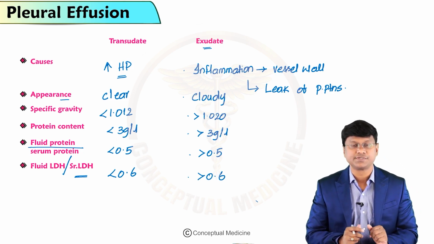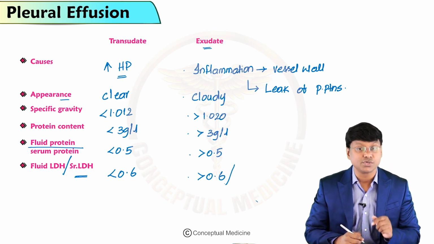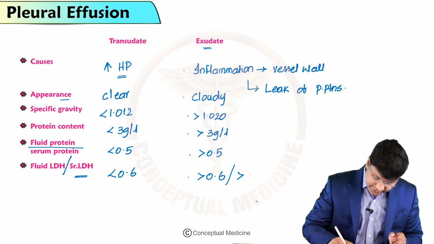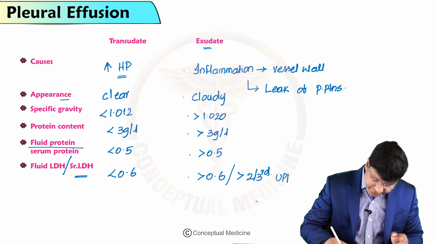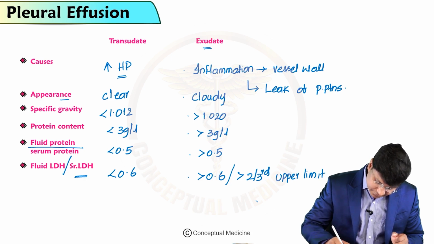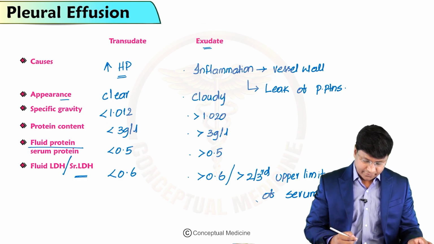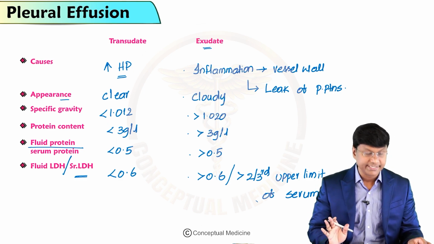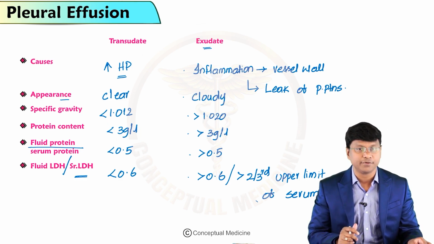Or more than 2/3 of the upper limit of the serum. So that will be your LDH. So these are the differences between transudative and exudative pleural effusion.